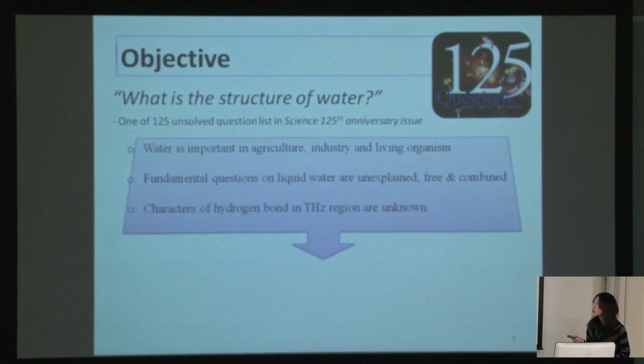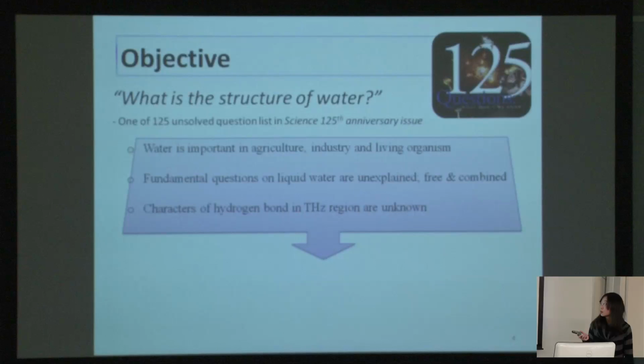What is the structure of water? This is a question listed in the Science 125th anniversary issue, asked by many researchers. Water is the most important material in agriculture, industry, and living organisms.